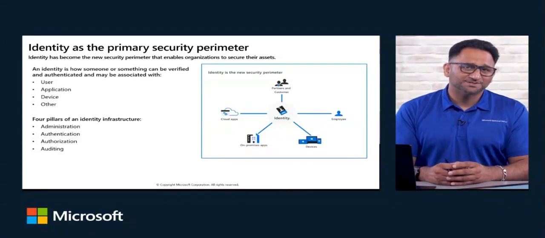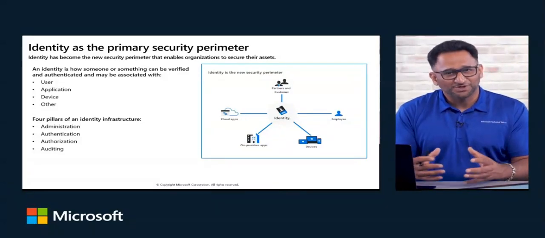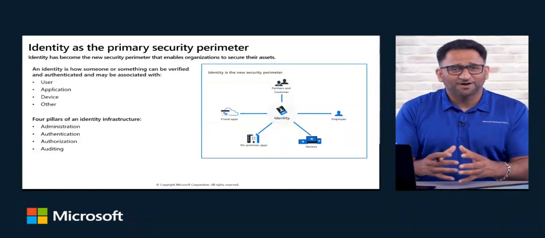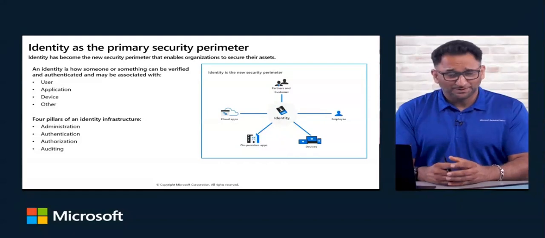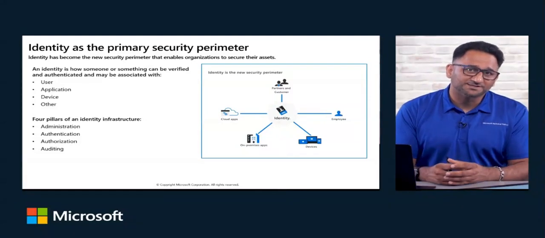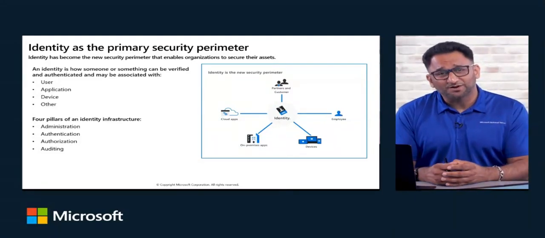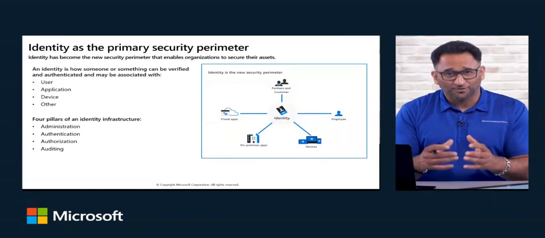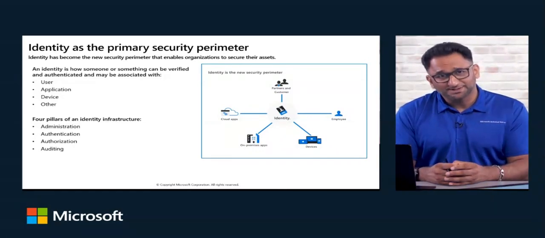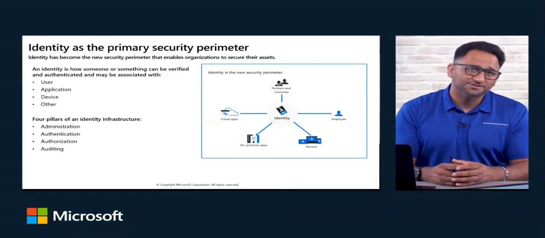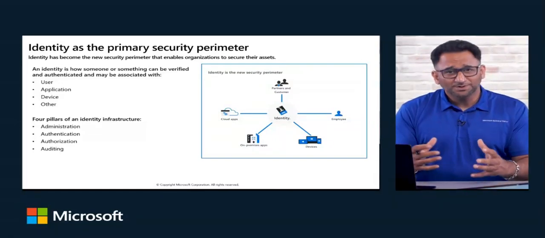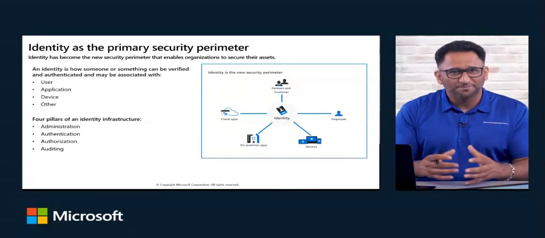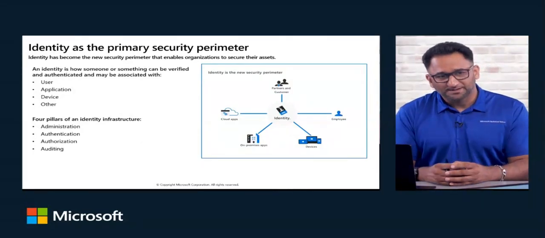We can now use identity as a perimeter security simply because our services are no longer confined to your on-premises environment. With users bringing their own devices and you connecting to services that are kept in the cloud across the globe, it is making it difficult for on-premises security to use just the conventional ways of working with things. Hence, we use identity as a security measure to understand the perimeter of your solution.